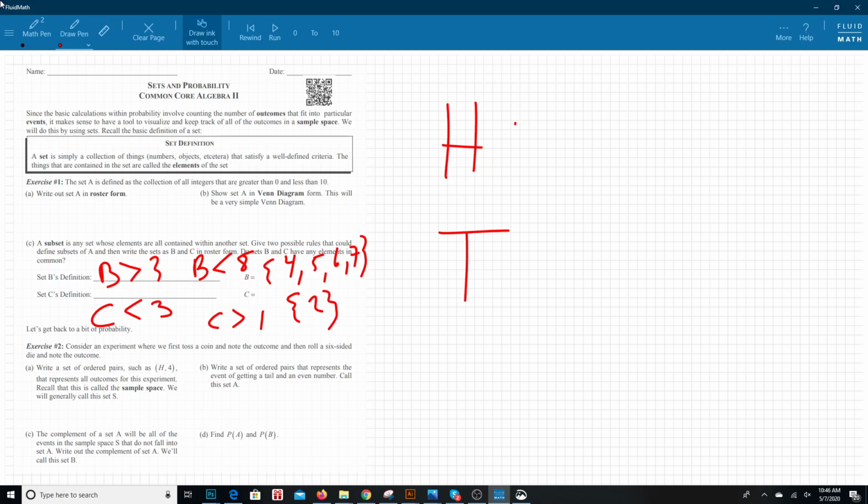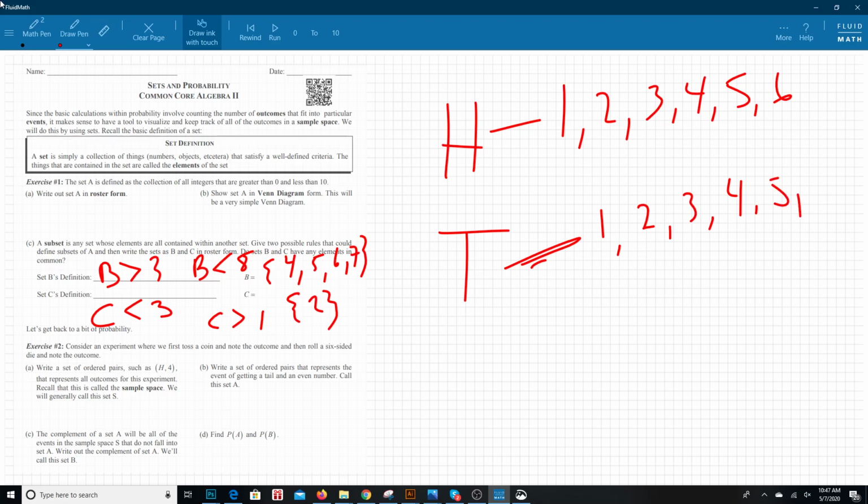Then, after you get a heads or tails, say you get a heads, you can get a 1, 2, 3, 4, 5, 6. If you get a tails, you can get a 1, 2, 3, 4, 5, 6.